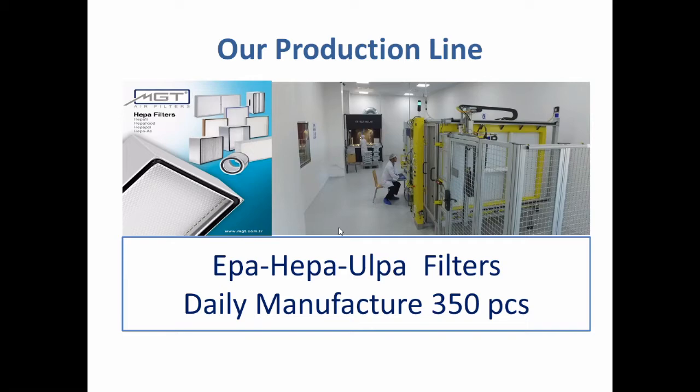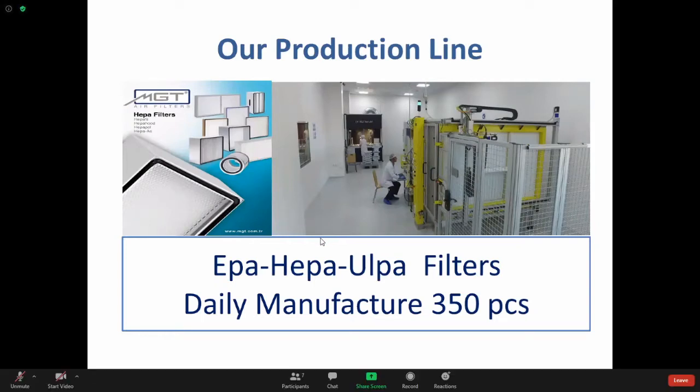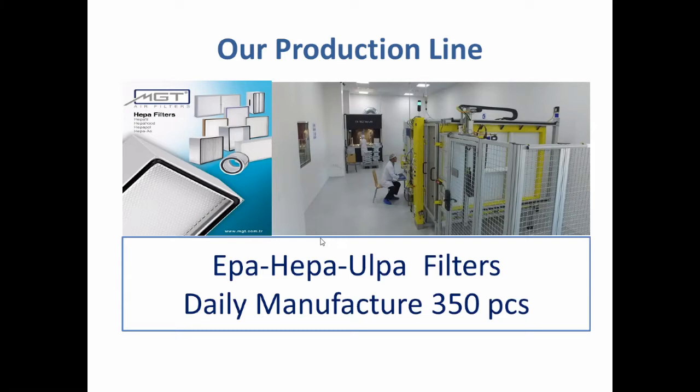So if a filter doesn't pass the test, it cannot be shipped to the customer. It will go to the red point. So for the HEPA filters, we take all the responsibility and give the customer a guarantee with the test report.